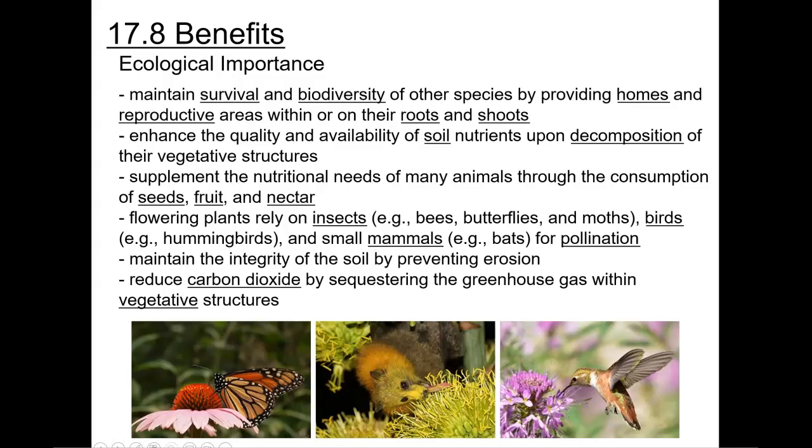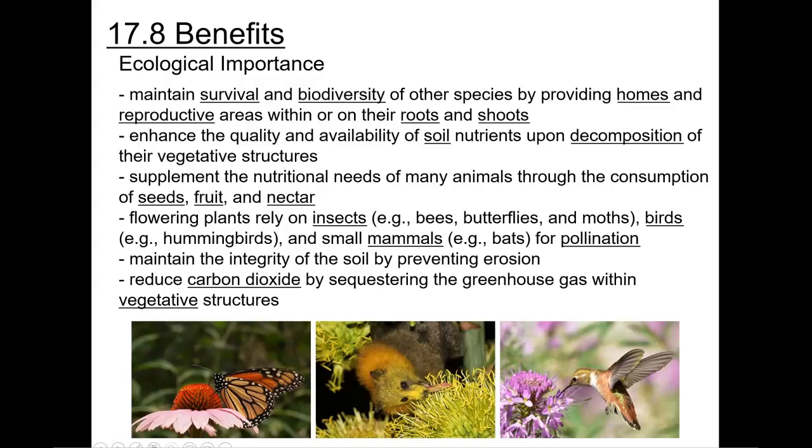Benefits, ecological importances of plants. To maintain survival and biodiversity of other species by providing homes and reproductive areas within or on their roots and shoots. They're going to enhance the quality and availability of soil nutrients upon decomposition in their vegetative structures. So they also help to supplement nutritional needs of many animals through consumption of seeds, fruits, and even nectars.